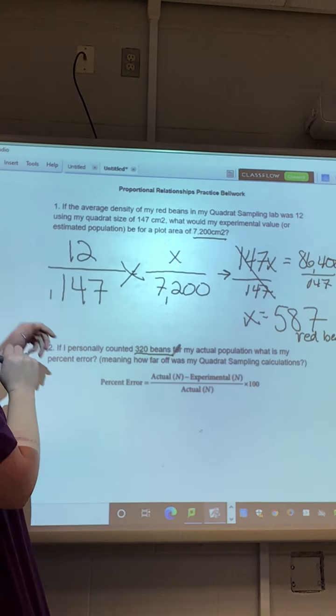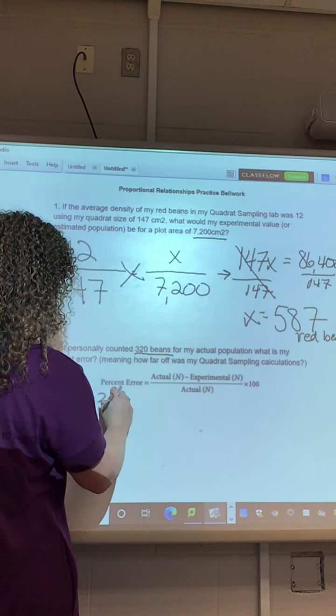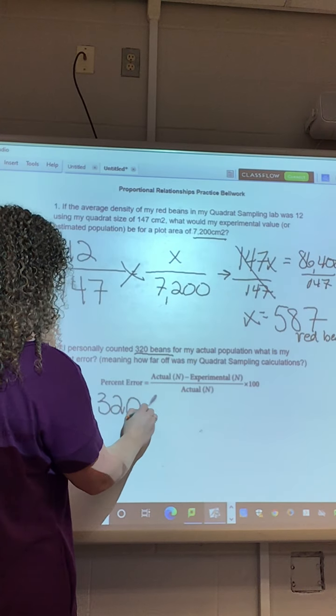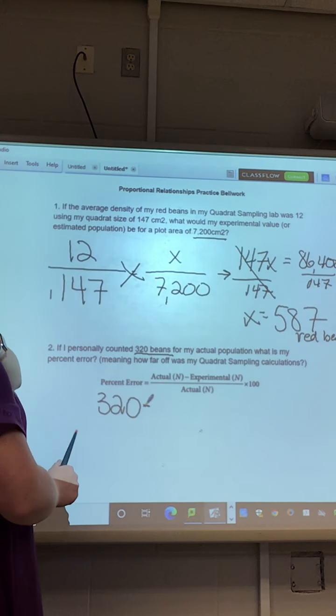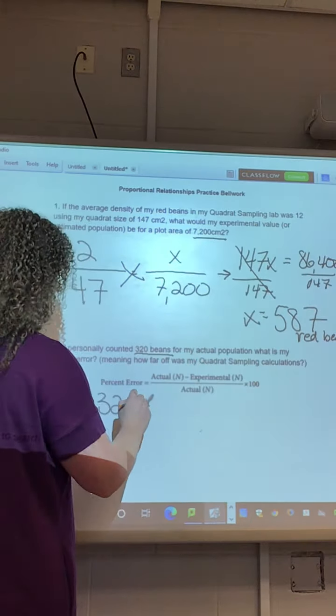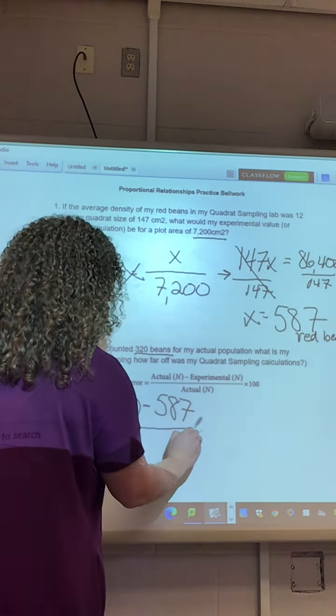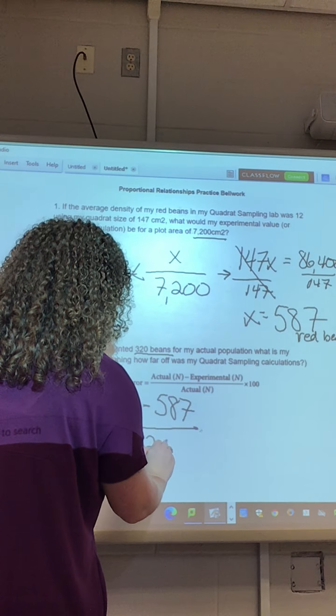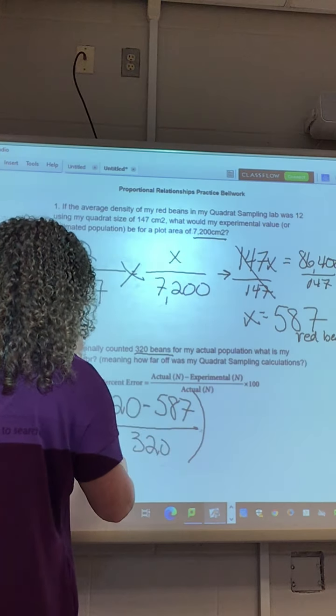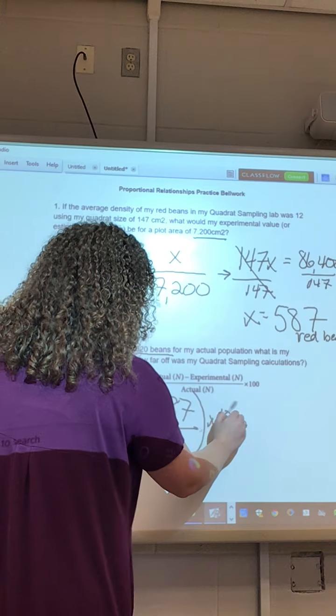So my actual is 320, because that's how many I actually counted, minus my experimental, which would be 587. And I'm going to divide that by my actual. All of that is going to be multiplied by 100.